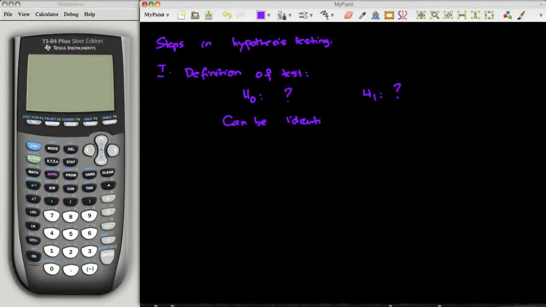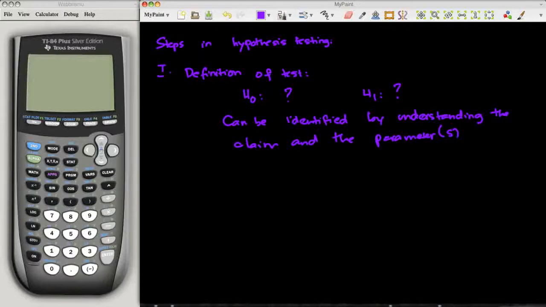Can be identified by understanding the claim and the parameter involved in the claim. It's either a parameter or parameters involved in the claim.